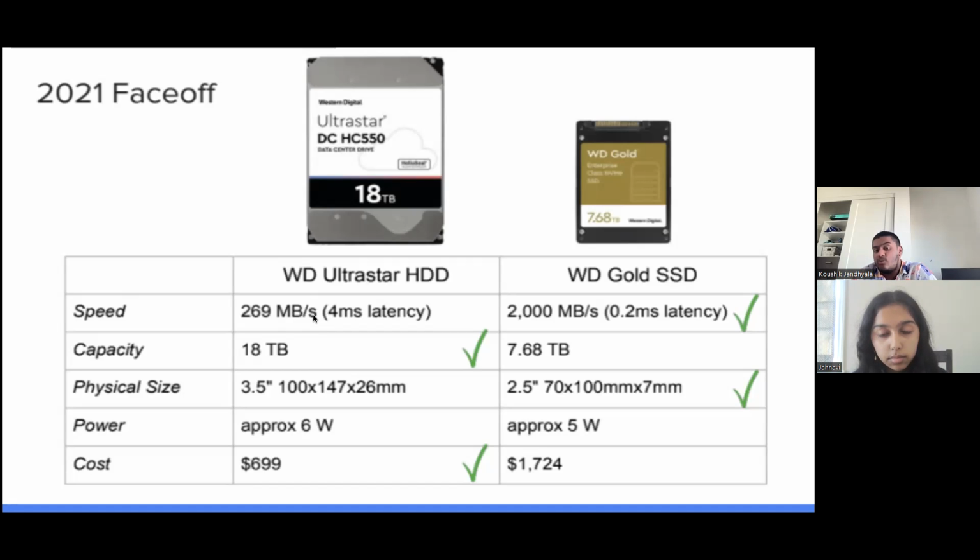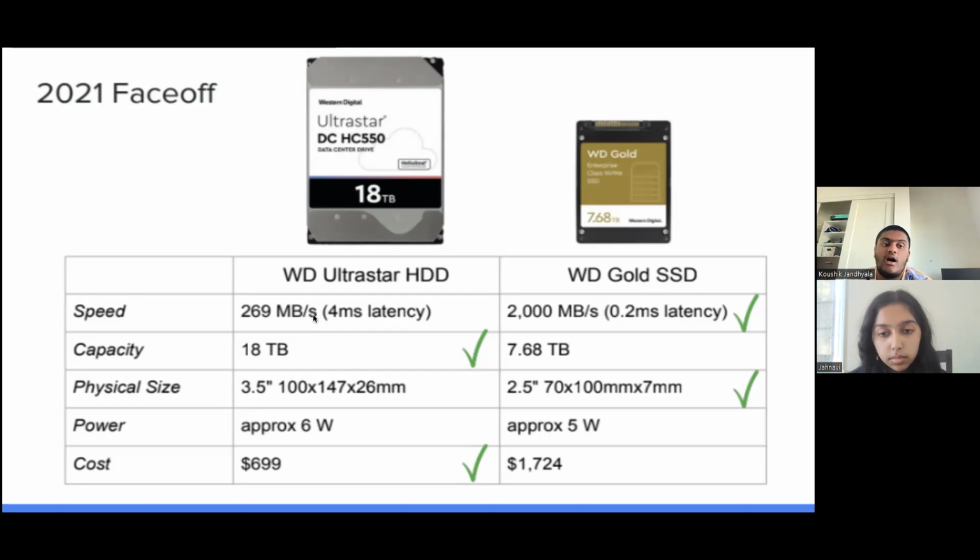So speed-wise, the SSD is very much faster compared to the hard disk drive. When it comes to capacity, the hard drive has 18 terabytes, compared to the mere 7.68 terabytes of the SSD.